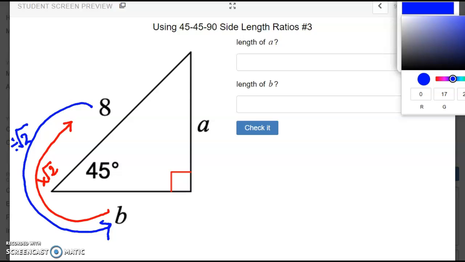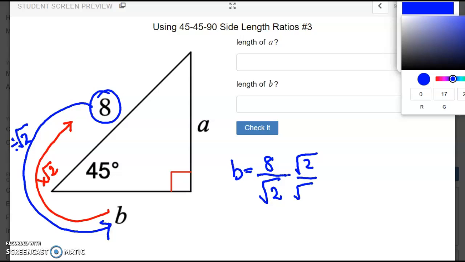So to figure out B, it's going to be whatever the hypotenuse is, which is 8, divided by square root of 2. Okay, and now we don't want the denominator to be a radical. So we need to multiply by square root of 2 over square root of 2.